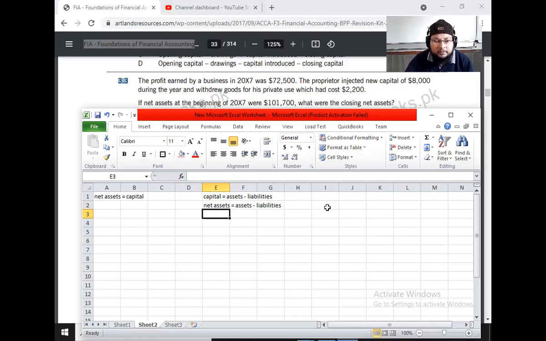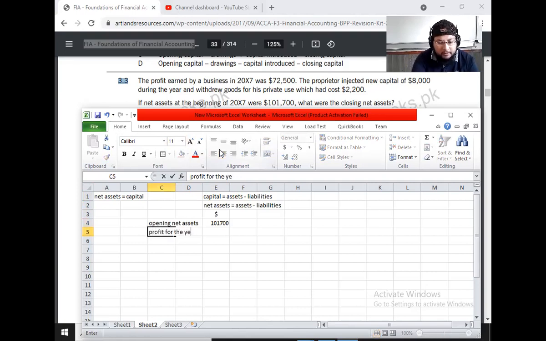So in this question, you can easily see that we are provided with the opening net assets. So we are just writing the data which is given in the question. It is 101,700. Obviously, these figures are in dollars. And then you can easily see that the profit for the year is provided, which is 72,500.